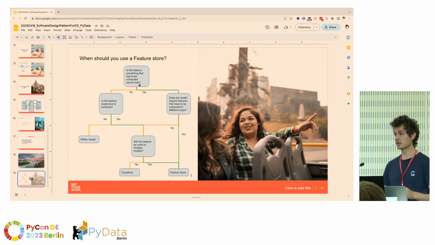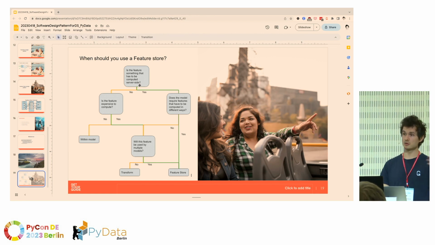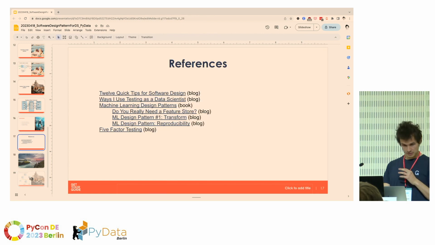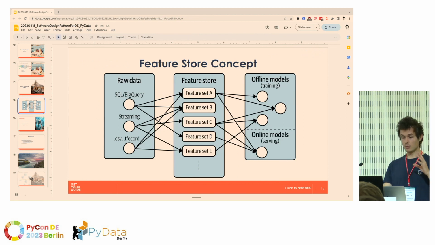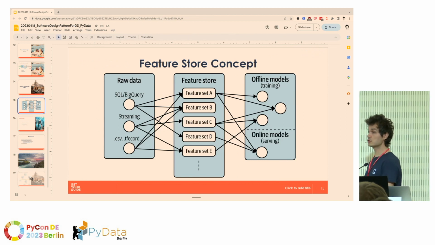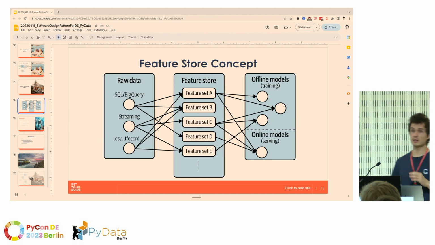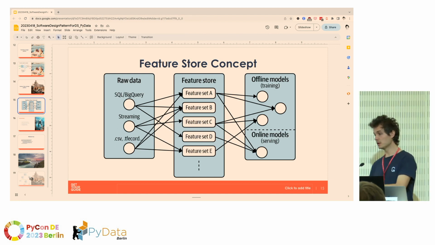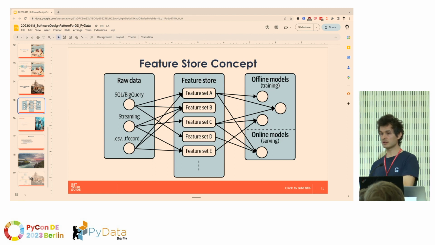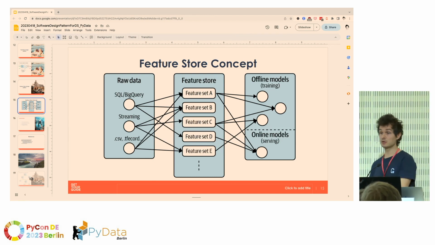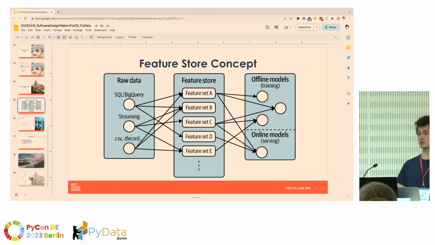It makes sure that when you train, you are sure to have the right data for the right point in time. You always have this problem of data leakage. For example, if you train a model, and you look at the bookings each customer did before to try to predict, you have to make sure that the booking you try to predict is not in the features of the user when you look at some aggregation.